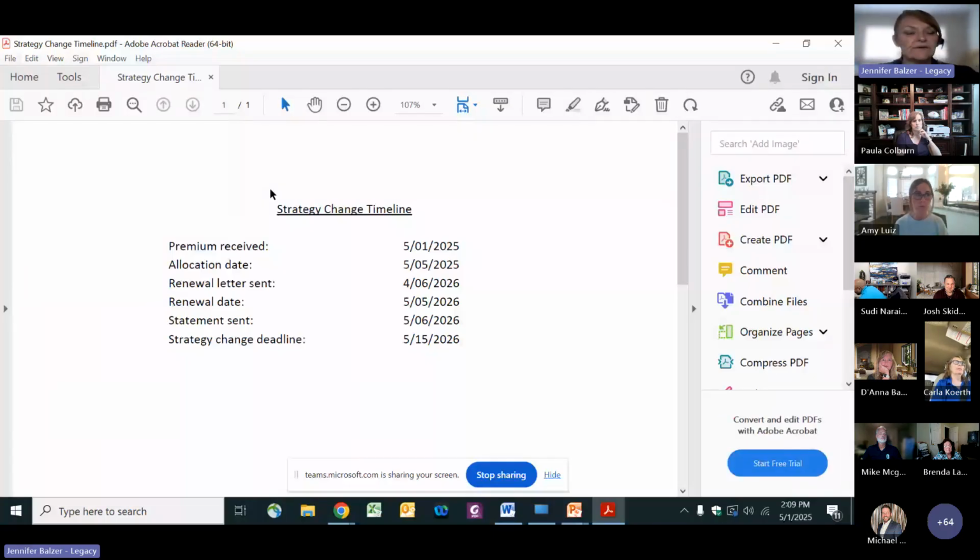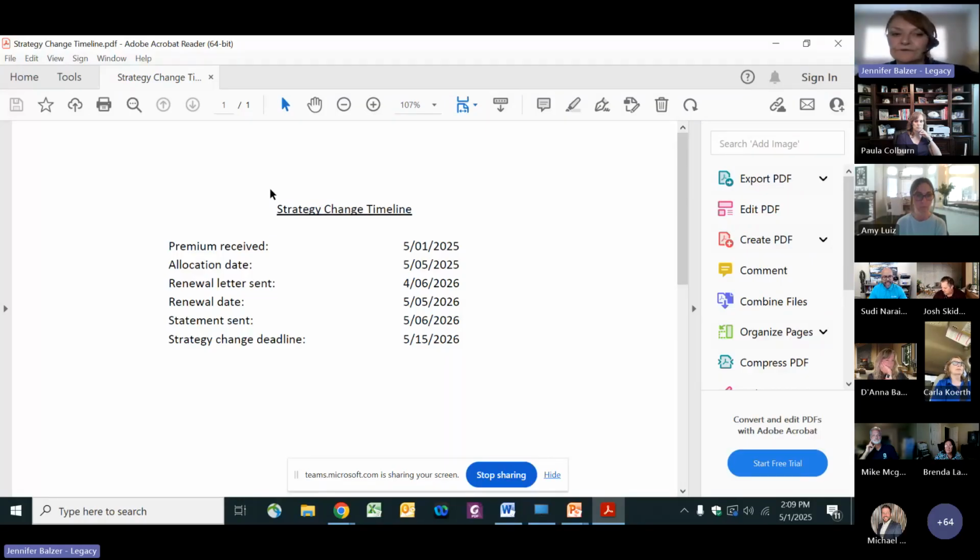So in this example for the strategy change timeline, let's say premium was received today, May 1st, 2025. That means the allocation date for this particular contract is going to be May 5th of 2025, and it's going to be May 5th for the life of the contract.